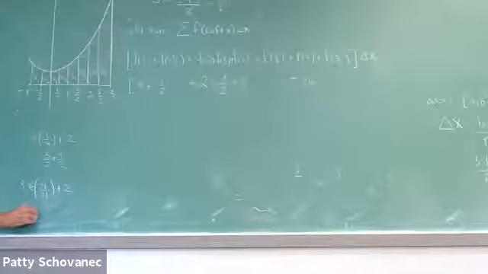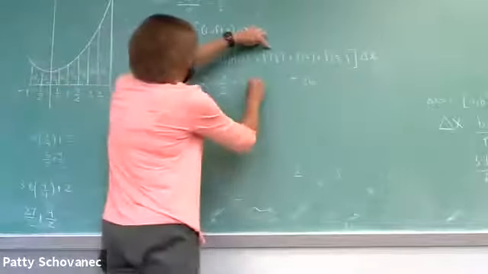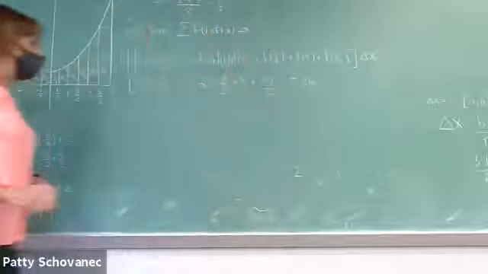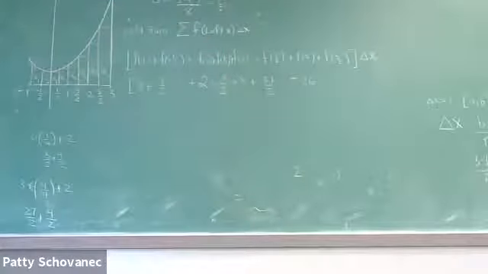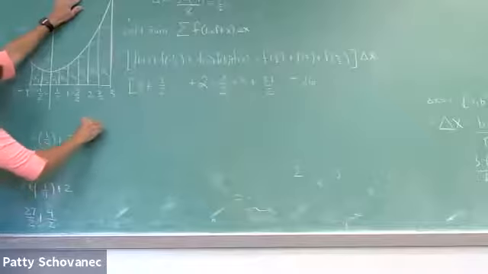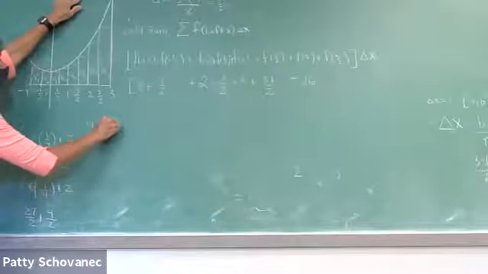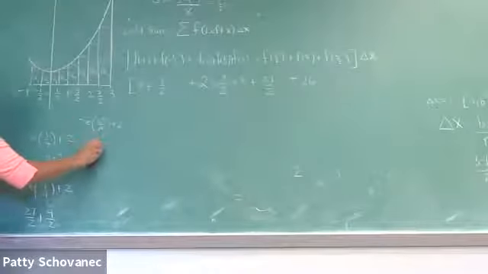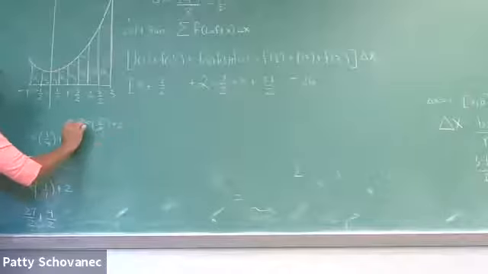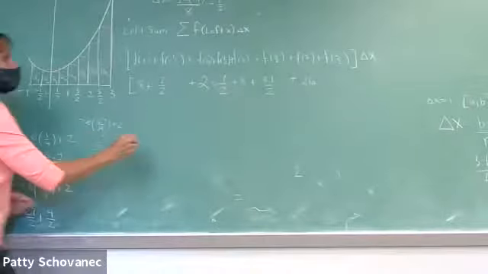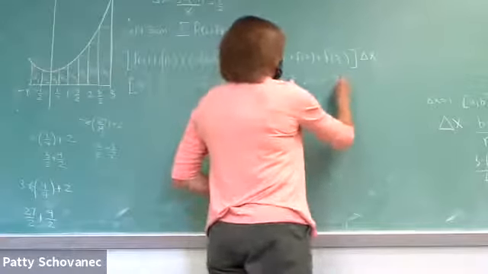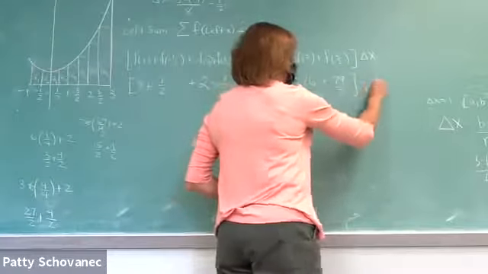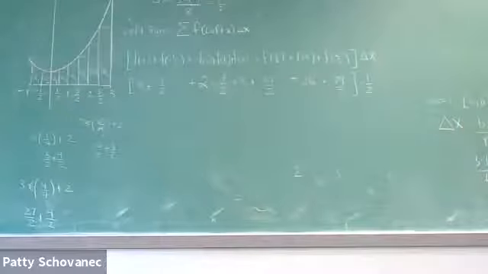So that's 27 halves plus 4 halves, 31 halves. And then finally, f of 5 halves gives me 6 times 25 over 4 plus 2. So that's 75 halves plus 4 halves gives me 79 over 2. Delta x was a half.